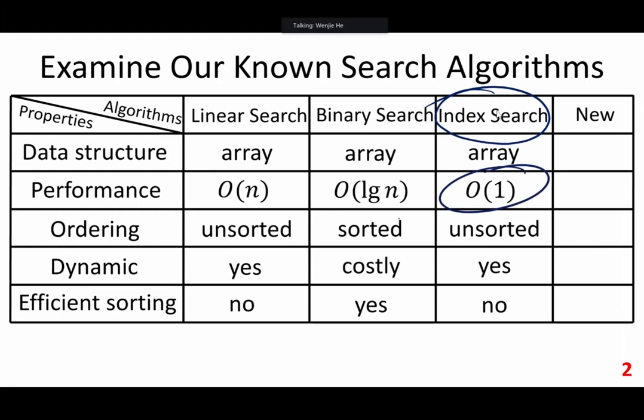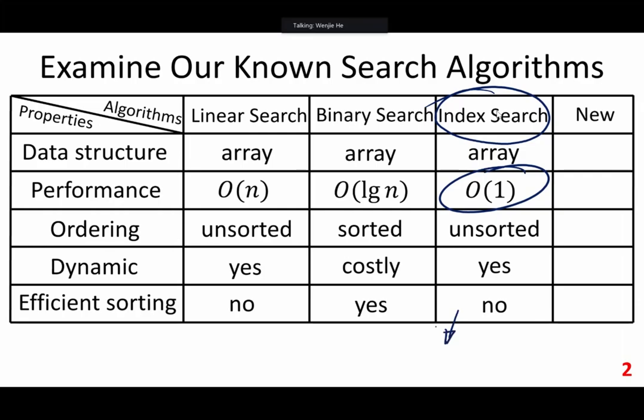Actually, in our textbook, there is another name for it: direct addressing. Index search, think about an array. In an array, we use the array indexes as the search keys.